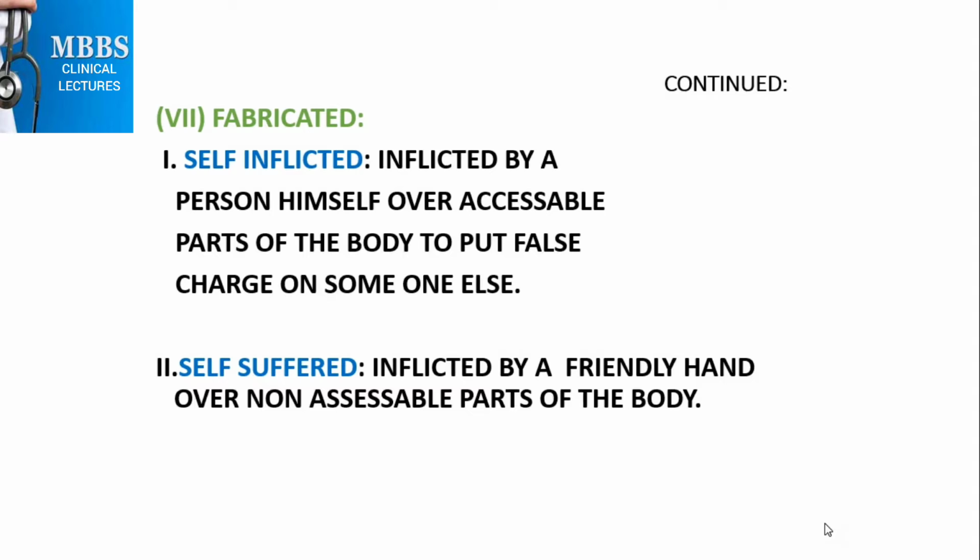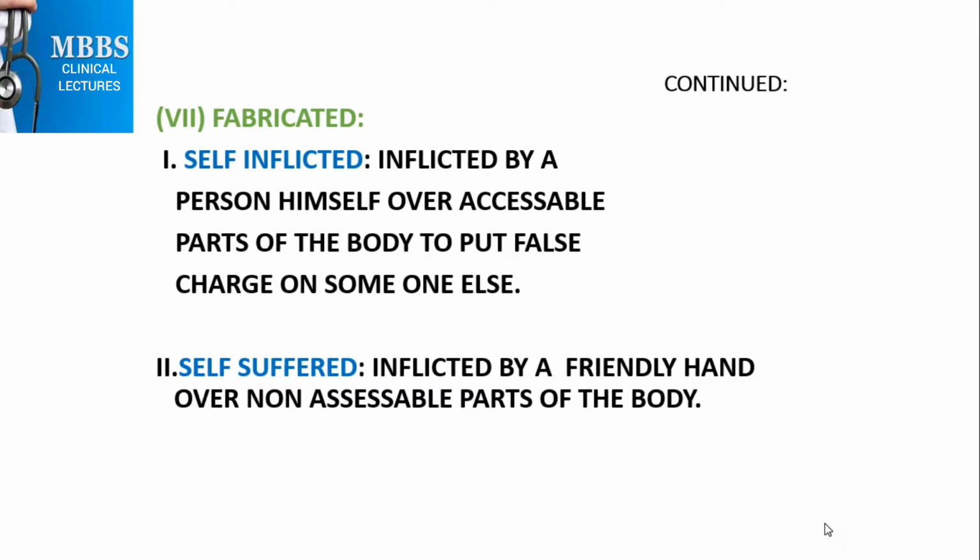For example, if the person is right-handed, his accessible part will be the left side of the body. And if the person is left-handed, then the right side of the body will be the accessible part to that person. So injuries by a right-handed person on the left side of the body, and by a left-handed person on the right side of the body, should raise some doubt that the injury can be a fabricated injury.